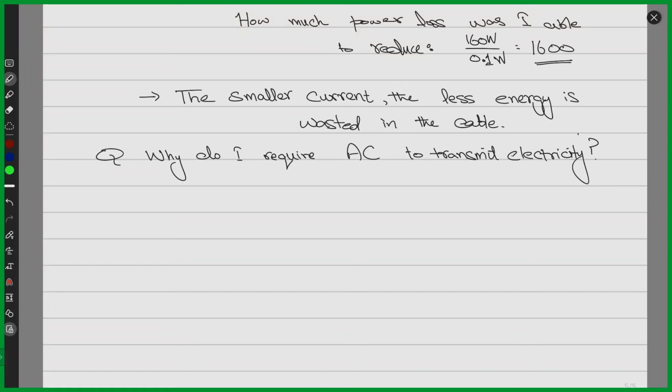Okay, so because AC current means that we have alternating voltages. Alternating voltages means we have alternating energies, and these type of voltages, as we saw, are very easy to step up and step down.